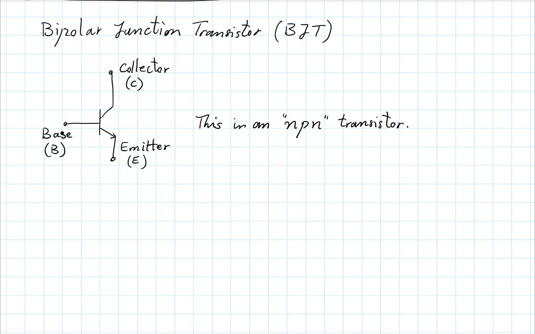Now, how do we describe the behavior of this transistor? This little arrow that you see here, going from base to emitter, is essentially trying to indicate the same behavior as a diode. It's suggesting that there is a little diode there. So you have a base emitter connection where you essentially have a diode.